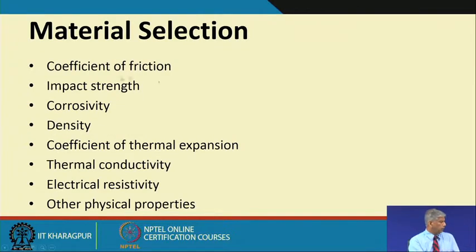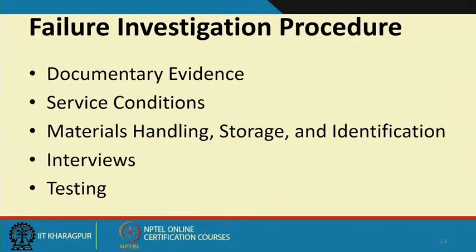And of course, there are some other properties which designers would have considered. Failures occur because there is a disconnect between the material supplier, the designer, the manufacturer, the machine installer. All these problems happen. Somewhere somebody has made a mistake and it propagates downstream because we do not have robust quality control mechanisms in place, and failures can occur.